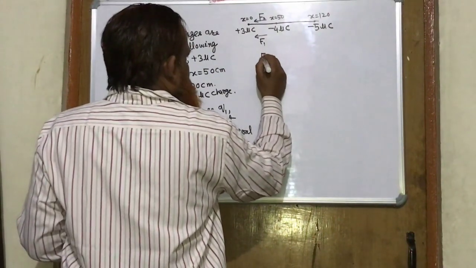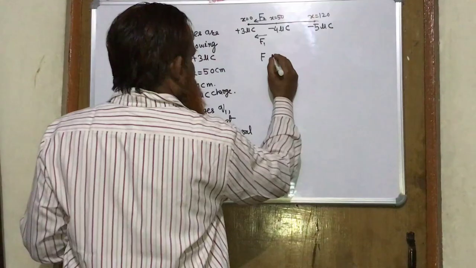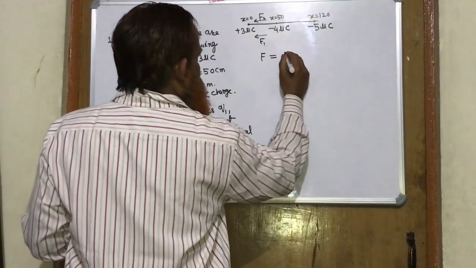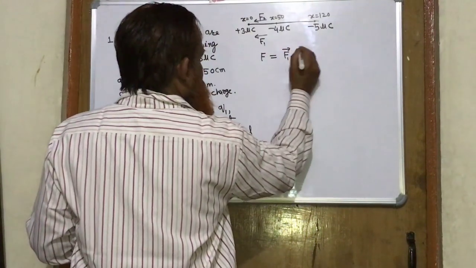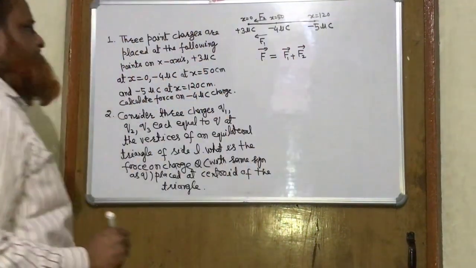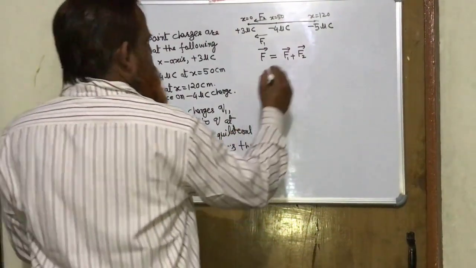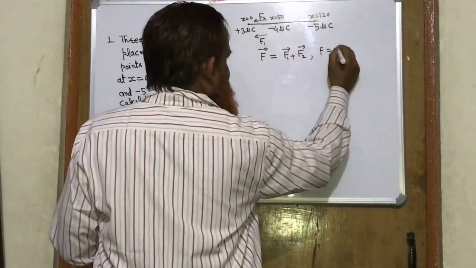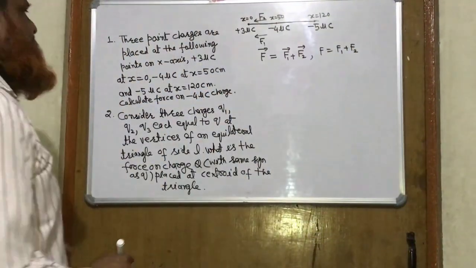So the net force on the minus 4 microcoulomb charge will be F1 plus F2. Because F1 and F2 are in the same direction, the magnitude will be F1 plus F2. So now we will find F1.